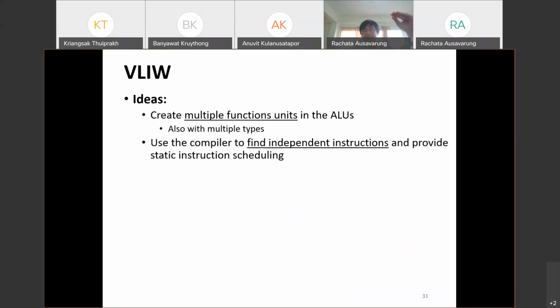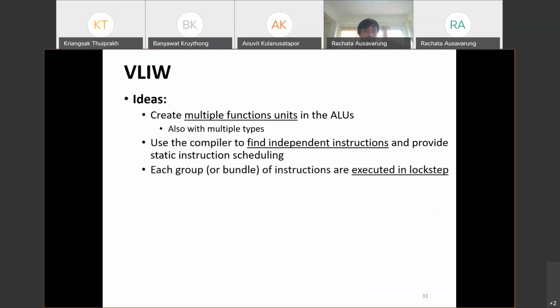Compiler would go search your code. Basically, you search your code to find independent instructions and provide this scheduling so that they map to the ALU. Within the same instruction, you have add, multiply, compare, jump, add, multiply, load, add, multiply, load, store inside one word. That's why we call VLIW, very large instruction word.